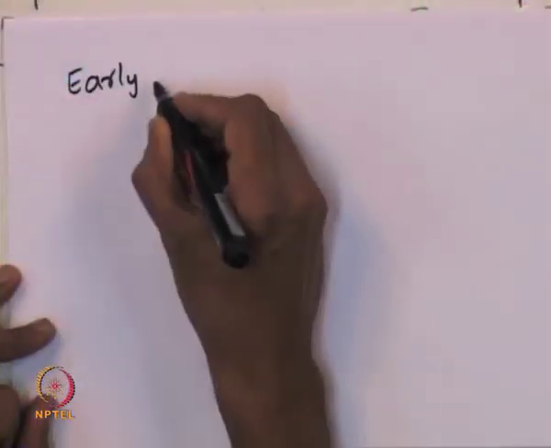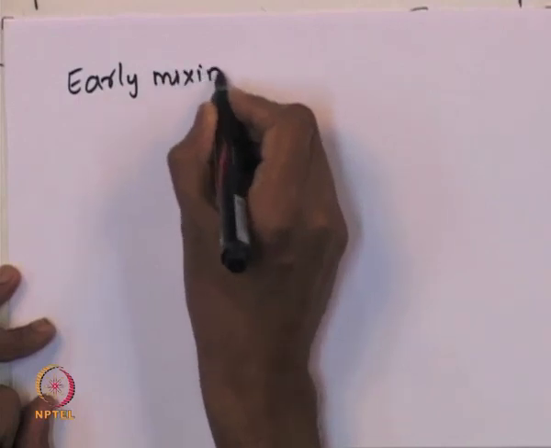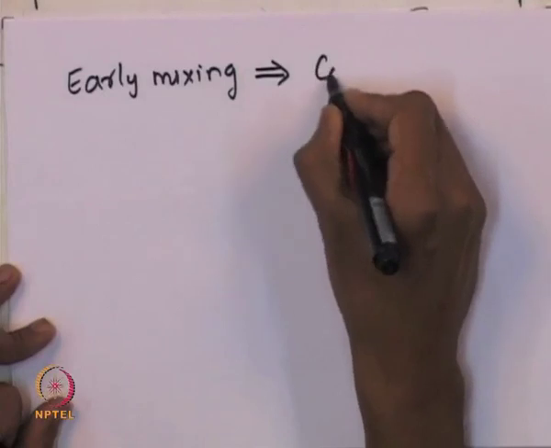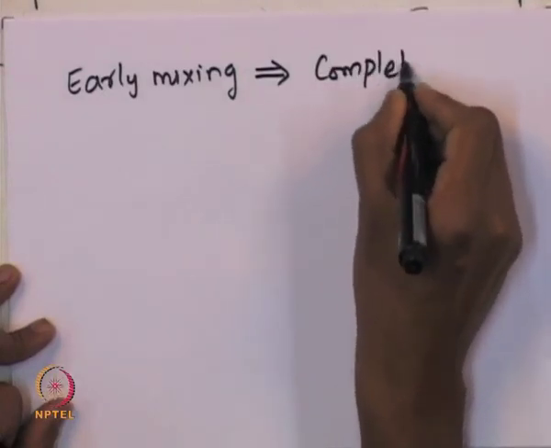So, these two extremes are the early mixing model regime, or early mixing, that is one extreme, and the model that represents early mixing is the complete segregation model.